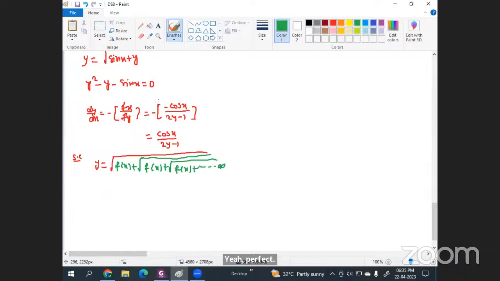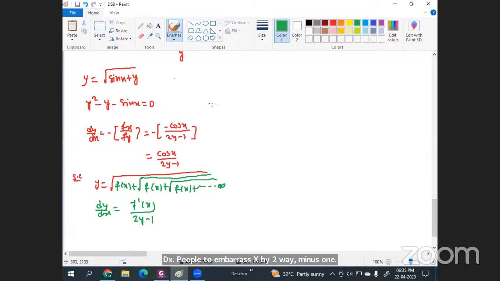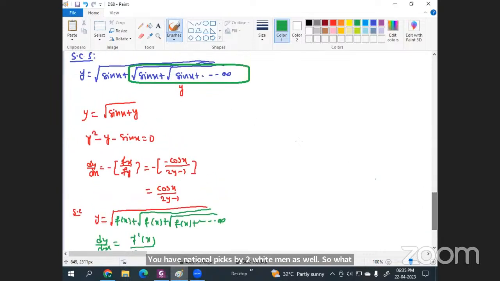Then dy by dx equal to f dash of x by 2y minus 1. So what is your answer now? Here f of x is nothing but sin x. Its derivative is cos x. So cos x by 2y minus 1. Very, very important.